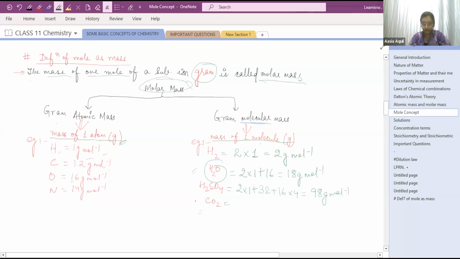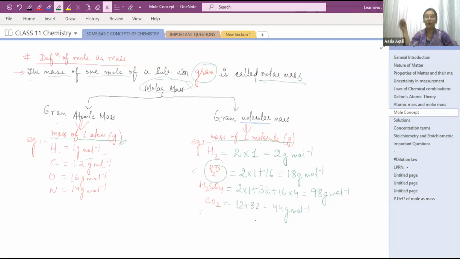Carbon is 1 into 12, plus 2 into 16, which is 32. 32 plus 12 will give you 44 gram. 44 gram per mole. Okay, so that's how we calculate the molar mass of each and every element.